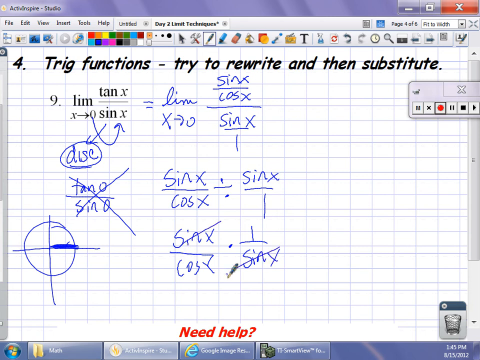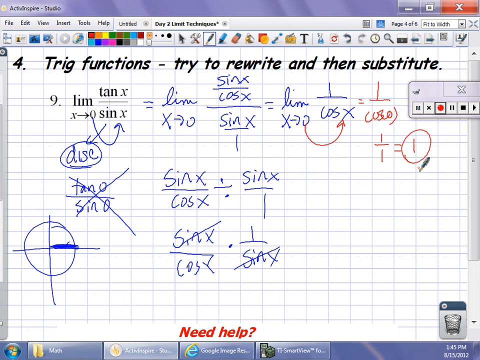The sine x's divide out, and that's equal to the limit as x approaches 0 of 1 over cosine of x. So I have removed my discontinuity. I can substitute 0 in. So this is 1 over cosine of 0. The cosine of 0 is 1, so I get 1 over 1, which is 1. So on that graph, as I approach an x value of 0, I'm approaching a y value of 1.